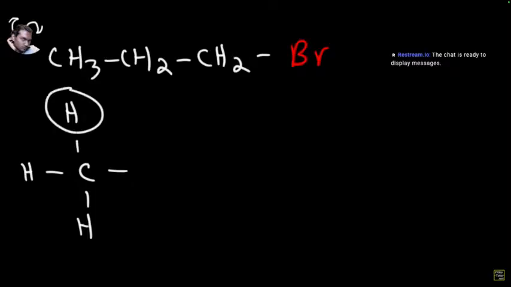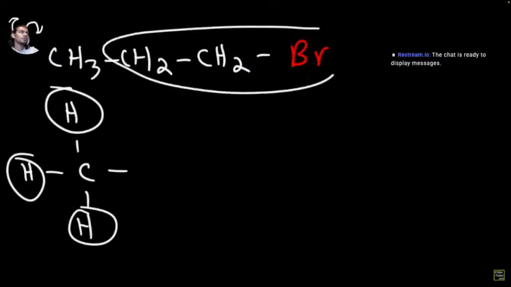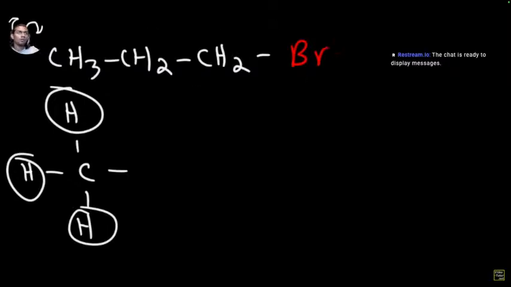Each of these 3 hydrogen atoms has the same exact chemical environment. They are all attached to the same carbon atom, and they're all adjacent to this group. So those 3 hydrogen atoms are chemically equivalent, which means that in an H-NMR spectrum, they will show up as just one signal.